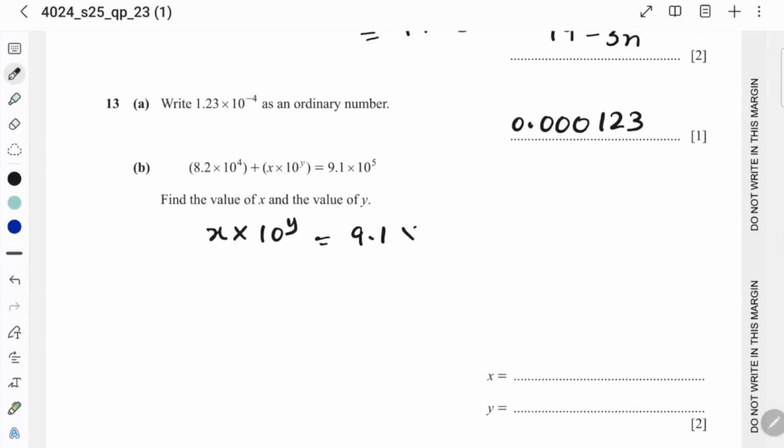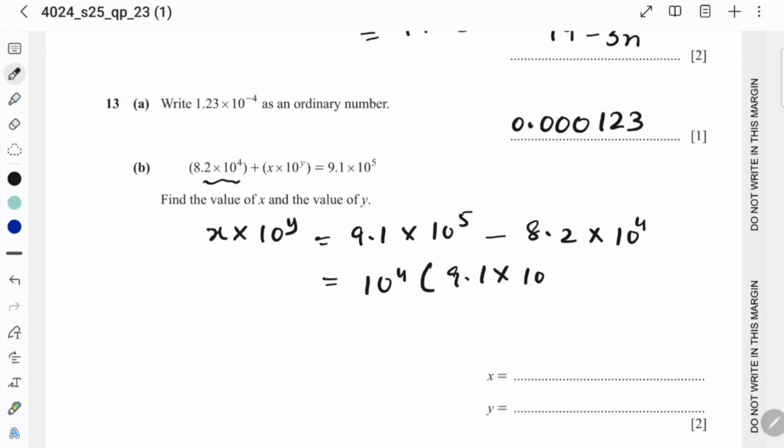So 9.1 times 10 to the power 5 minus 8.2 times 10 to the power 4. We are just bringing this term over, subtracting it from both sides. Now 10 to the power 4 is common: 9.1 times 10, one 10 left, minus 8.2. So that is 10 to the power 4 times (91 minus 8.2).